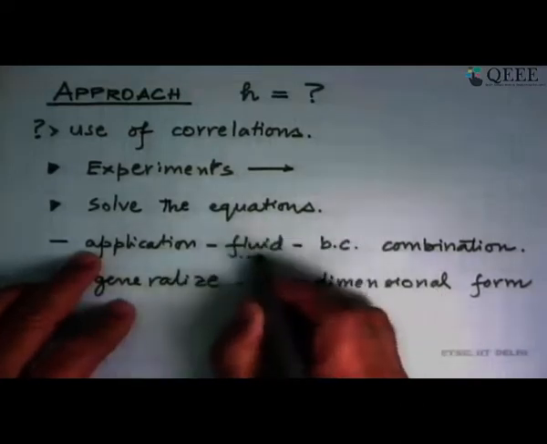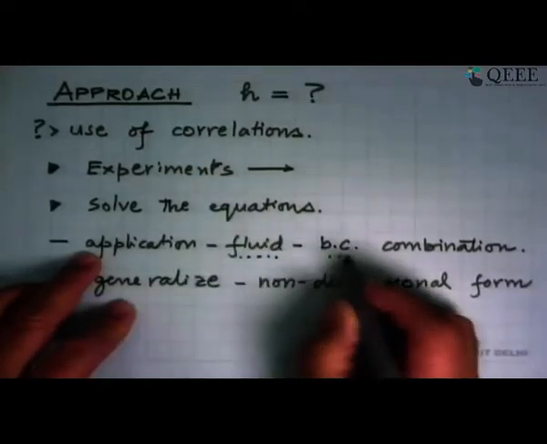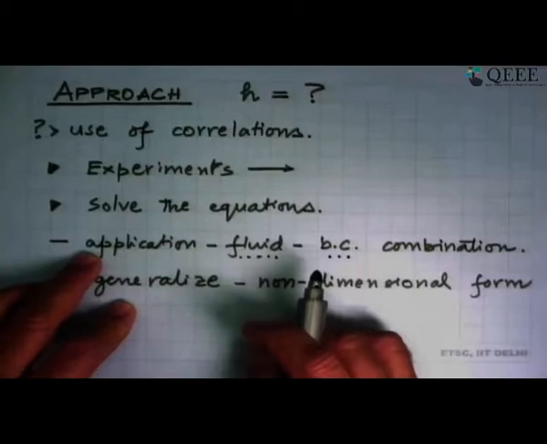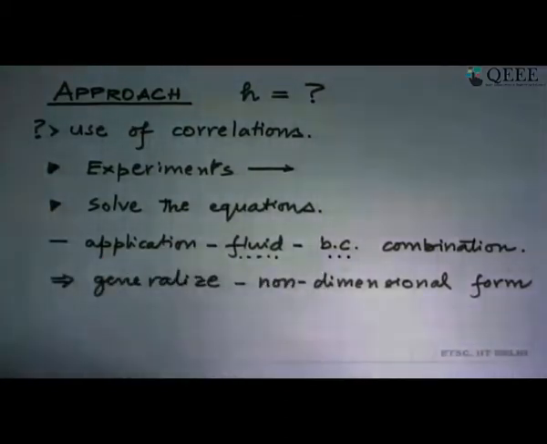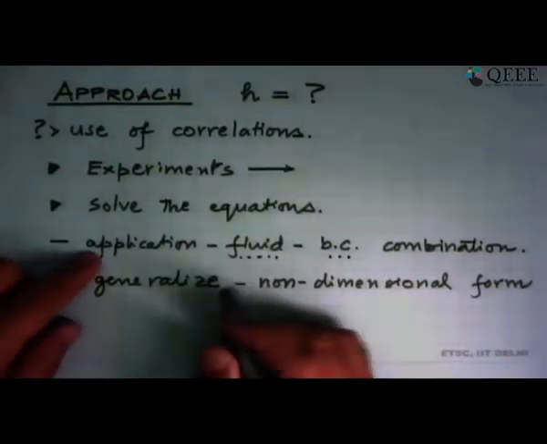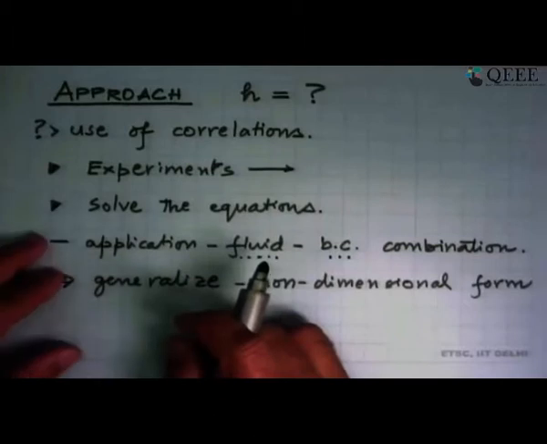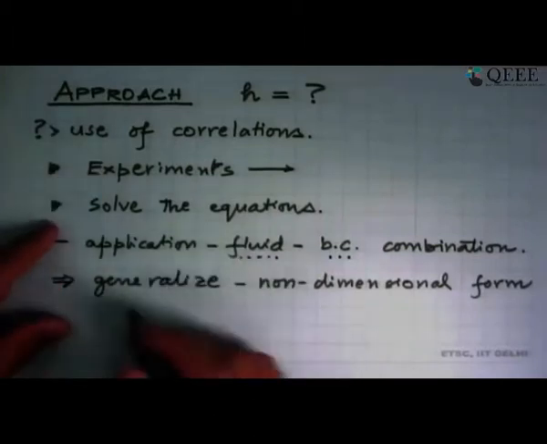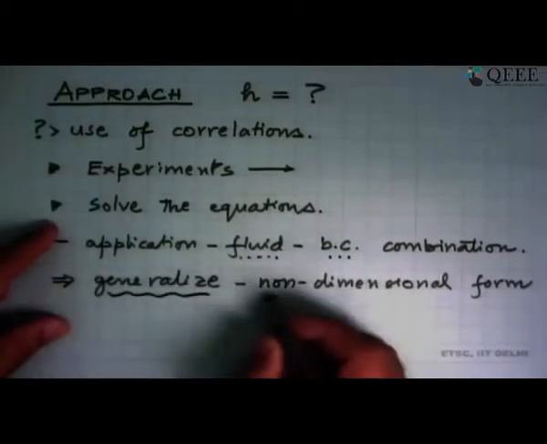Fluid has so many other variables. Boundary conditions have a few more variables. And so solving a problem for every fluid at every time would make it very cumbersome. So what one does is to get solutions for certain cases and express the solution in a very general form, which is in a non-dimensional form.